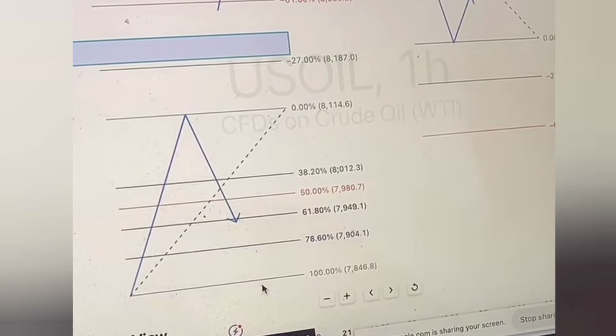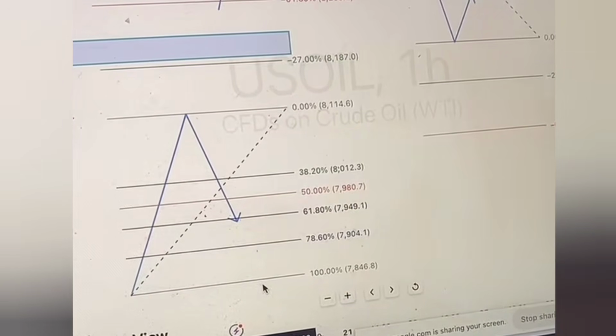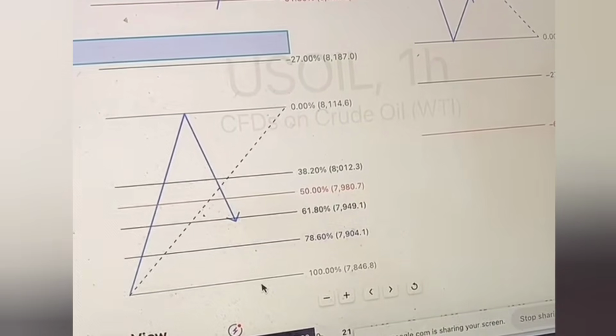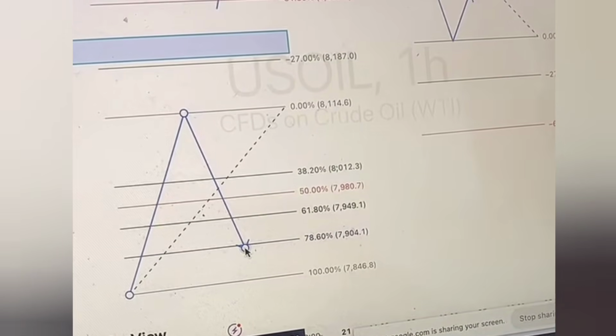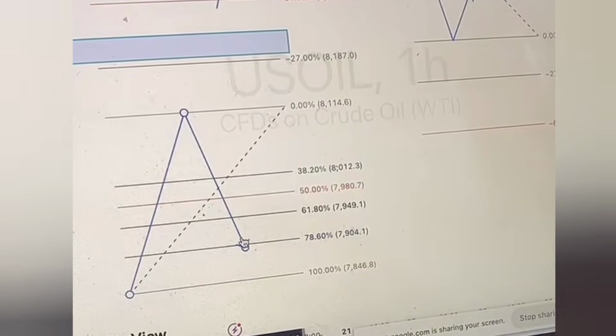Because of people who are waiting for 78, 61 may not receive buying power. 61 may not hold. So while the market is pushing down to 78, people who bought at 61 are rebuying again. More power.